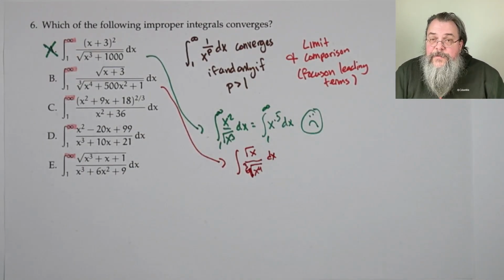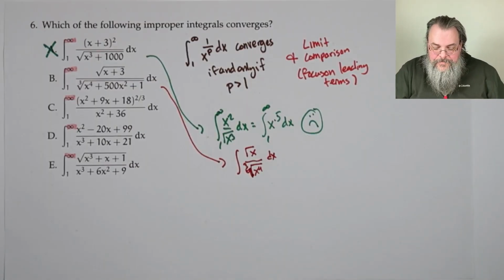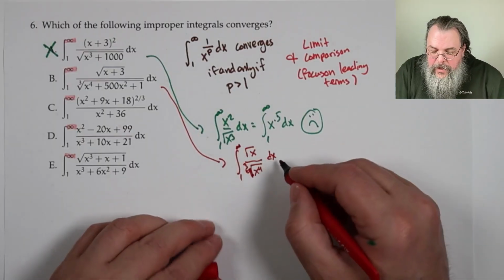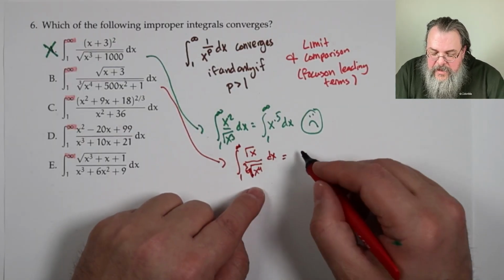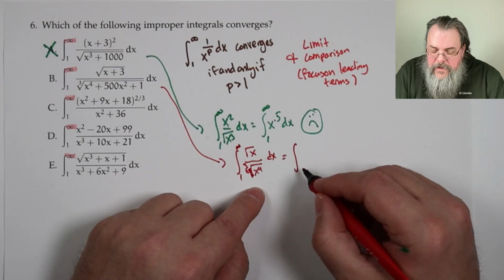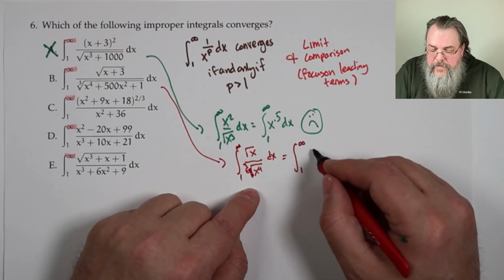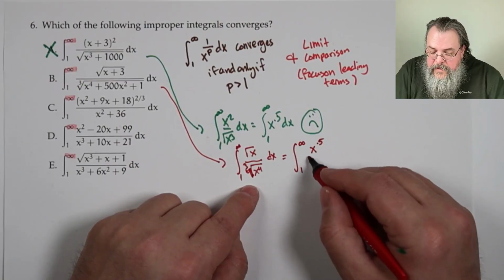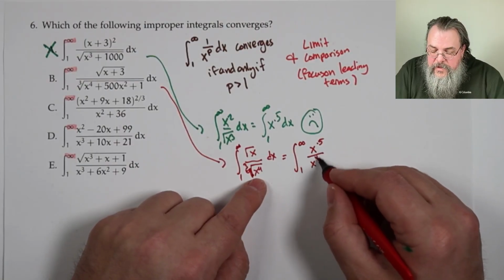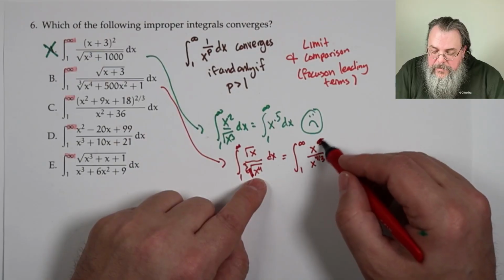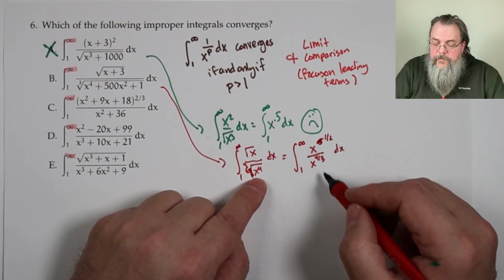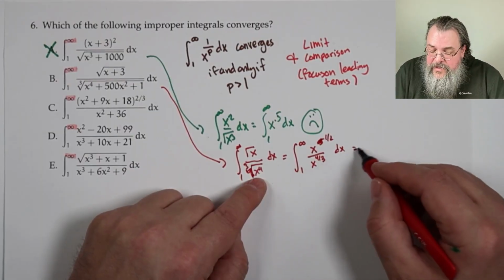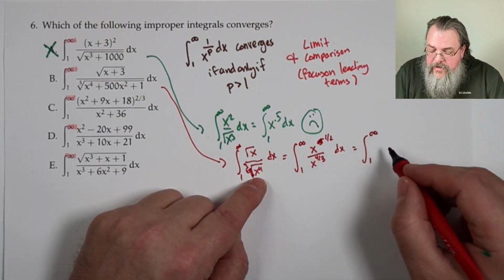A frowny face means it doesn't converge, it diverges. So, 1 to infinity of this integral. And these aren't values; these are just saying yes, finite, or no, infinite. The square root is x to the 0.5, or 1/2. Here, you'll have x to the 4/3. If you take 4/3 and subtract a half, because a half is smaller than 4/3, the good news is we are going to go to 0.